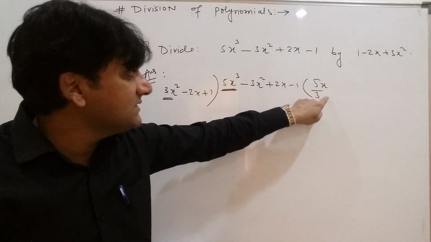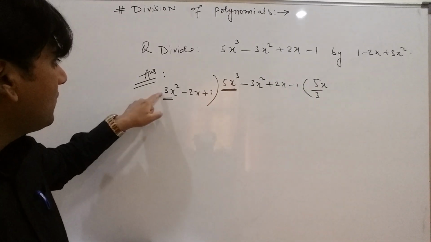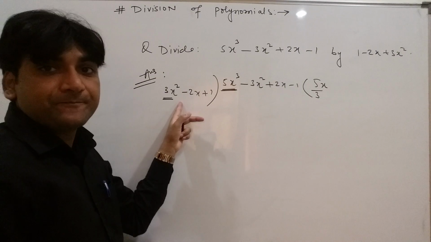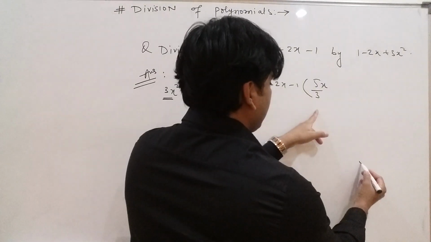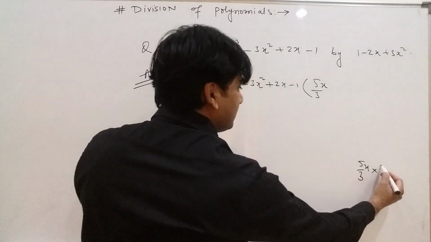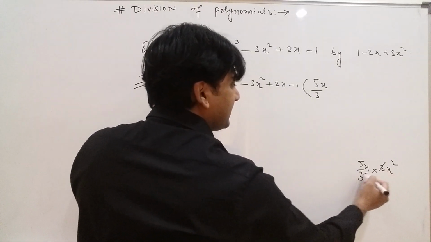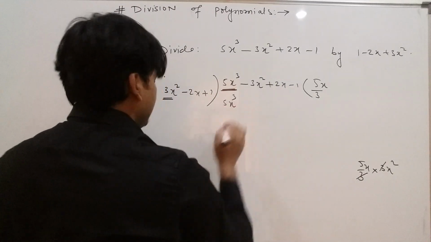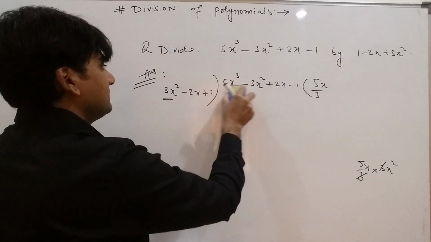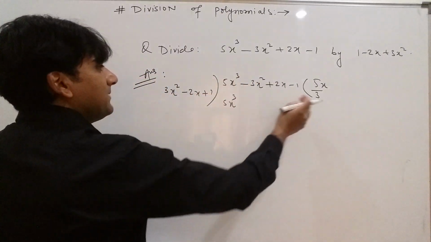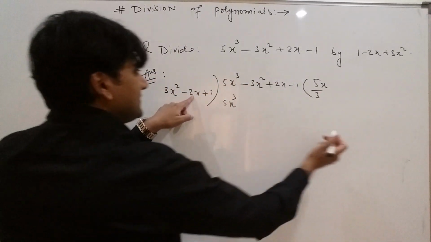Now multiply this with all, everyone, 1, 2, 3 terms. Multiply this with these. Then this is my rough work, 5 over 3x times 3x squared. Then 3 and 3 cancel, x and x squared, we will get 5x cubed. Then multiply this with this.